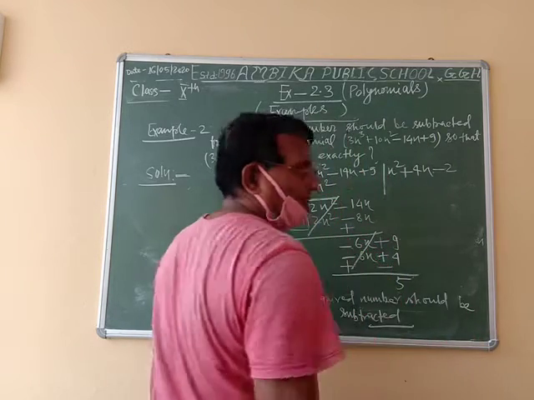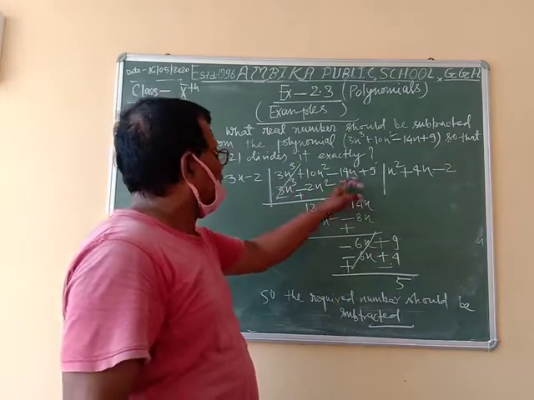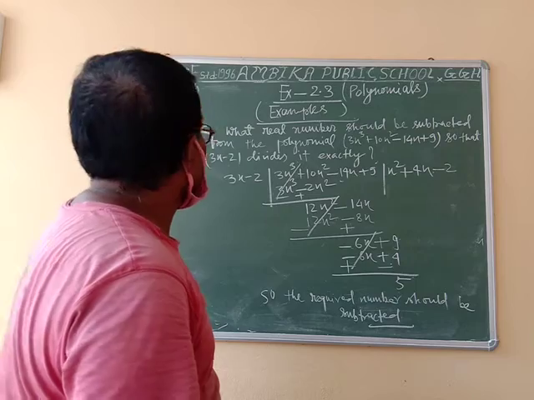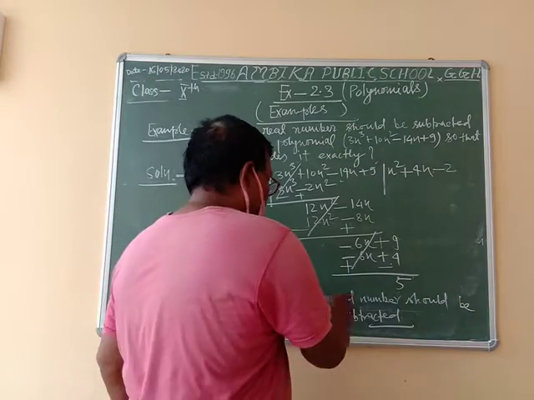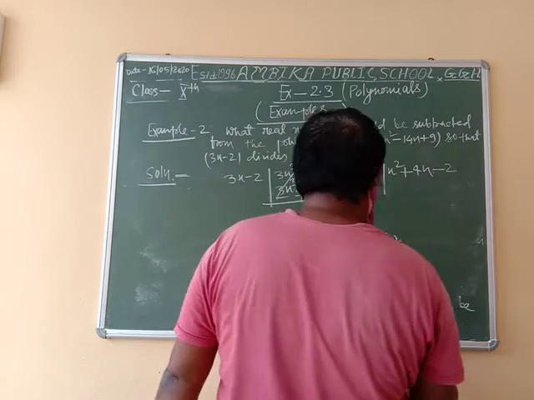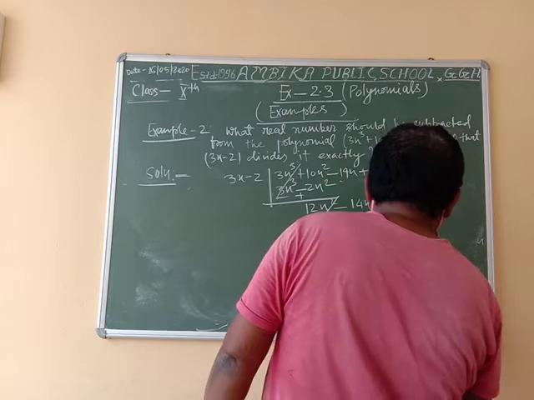If we subtract 5 from the polynomial 3x cube plus 10x square minus 14x plus 9, it divides exactly.